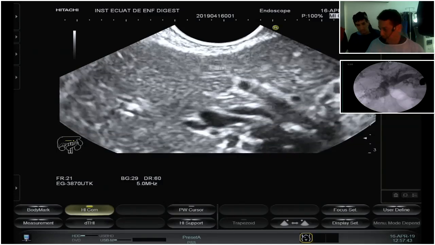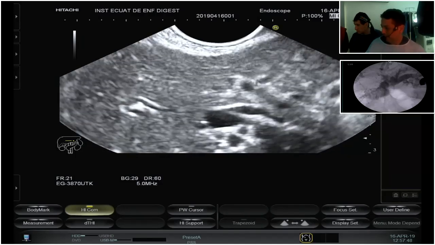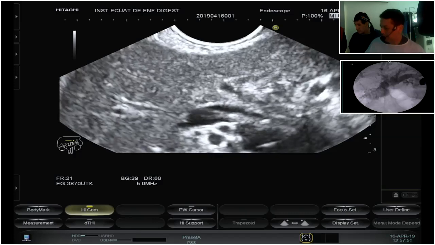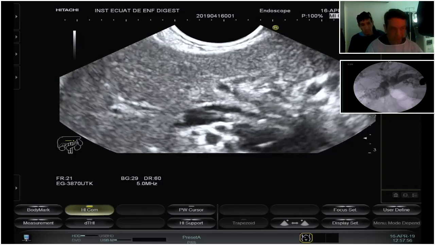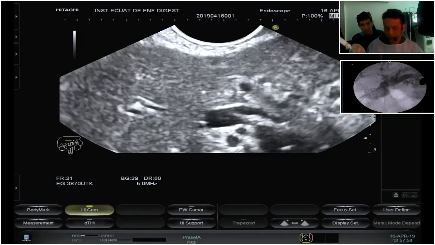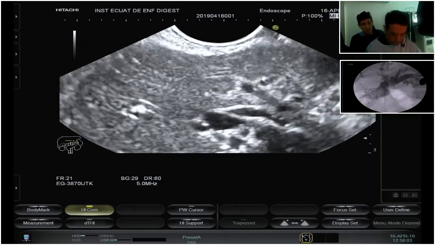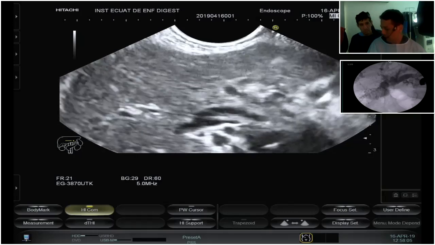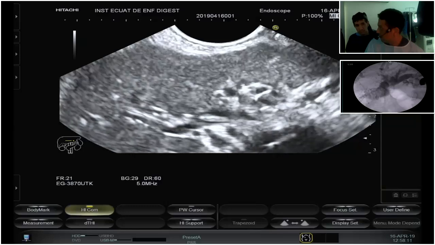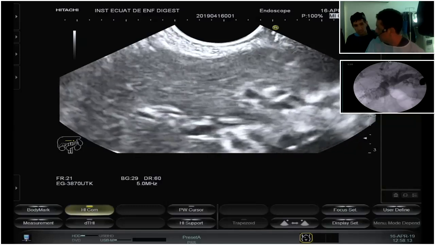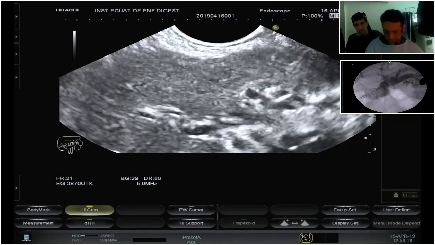What is the big difference, or I think the pearl of this technique, is that we have a more complete approach with this patient, because if we do cholangiography by enteroscopy, in this case probably we wouldn't have the whole vision of the problem of this patient.